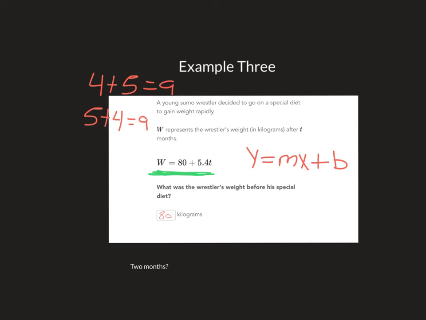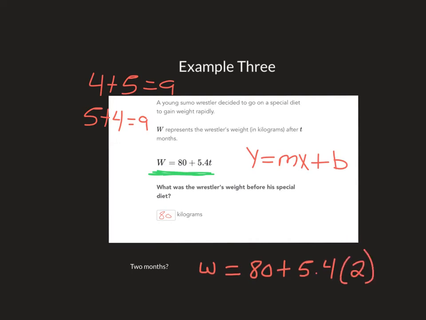And what that looks like is we're going to say that W, his weight, is equal to 80 plus 5.4T, or in our case, T is 2 because it's 2 months.